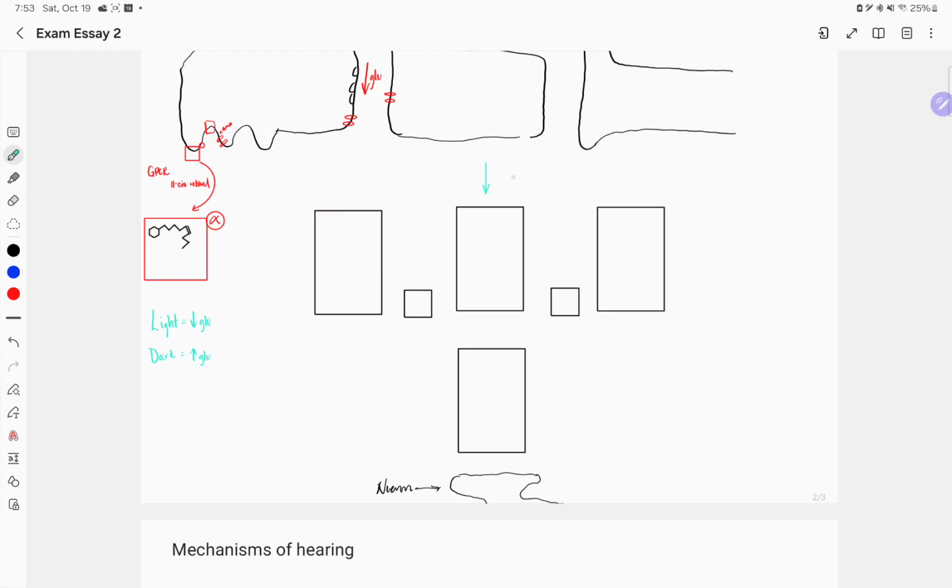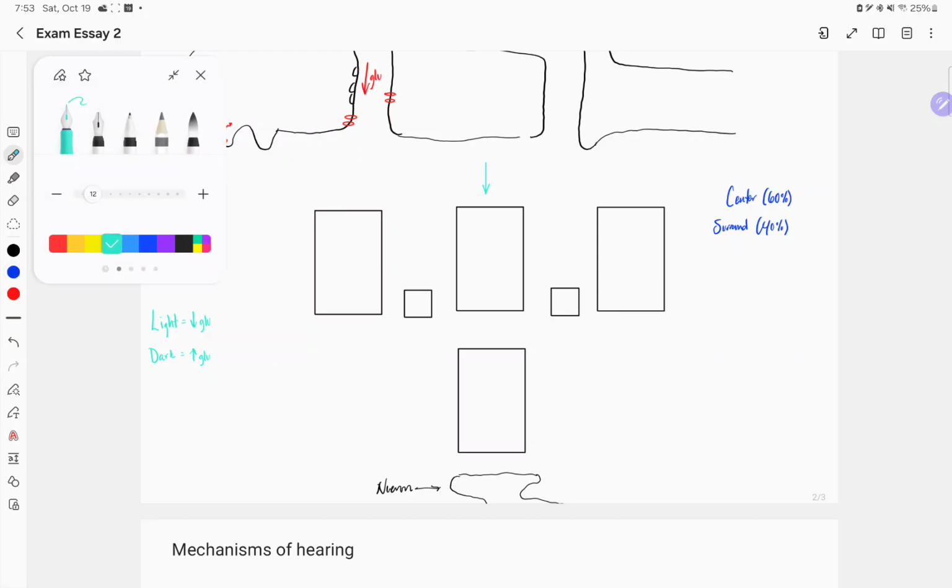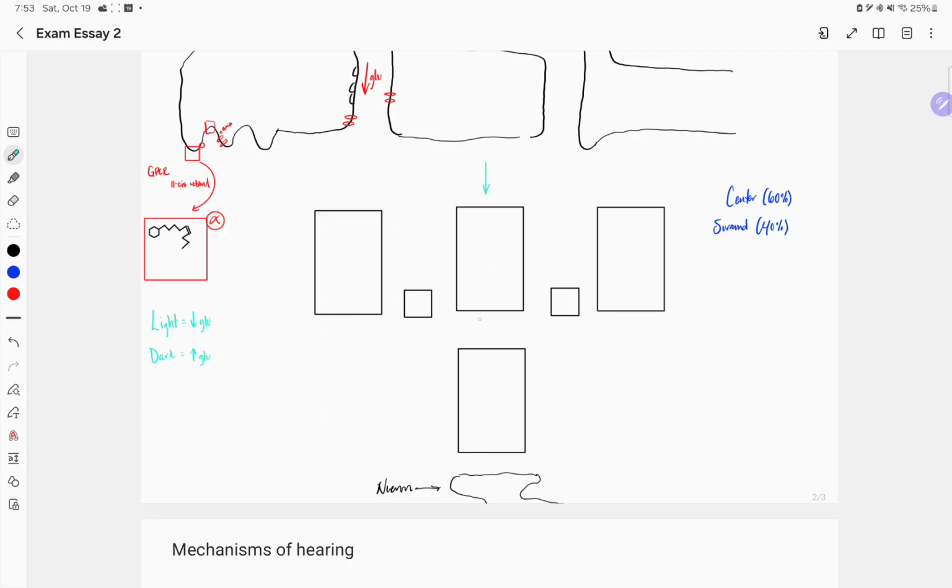Oh, by the way, the center rods and cones are going to make up more of the photoreceptors, and the surround rods and cones will make up less of a percentage. So the center has more say, per se. So if light hits this, we have less glutamate coming from it.